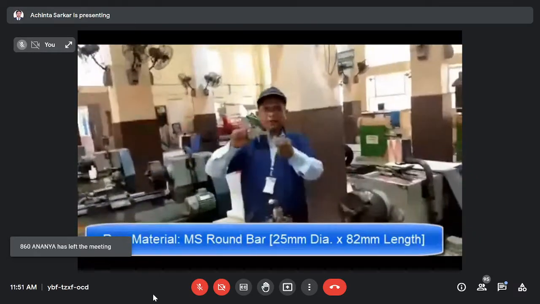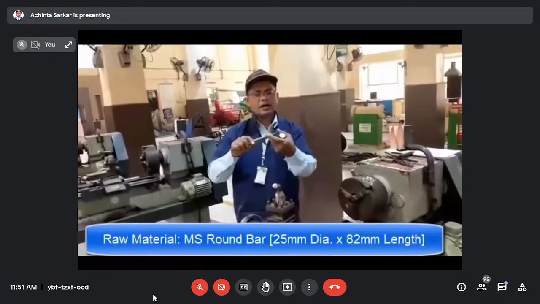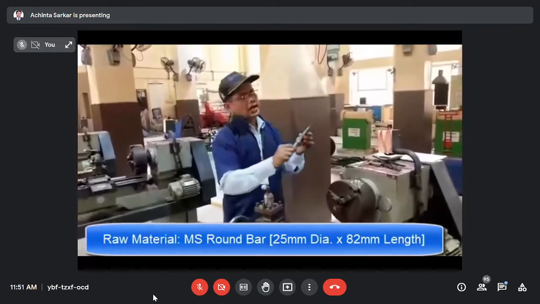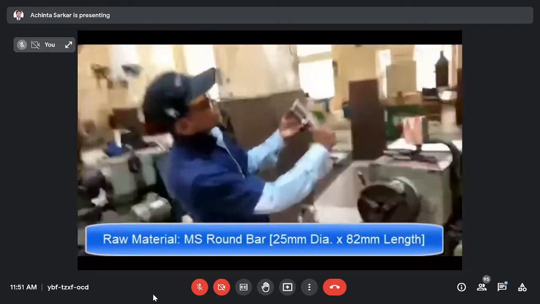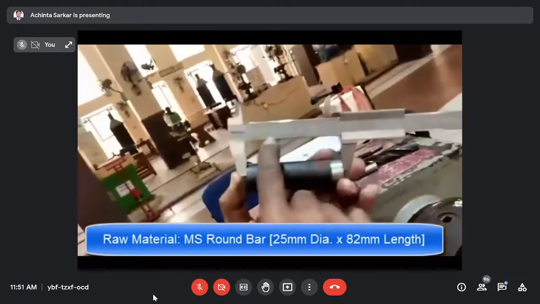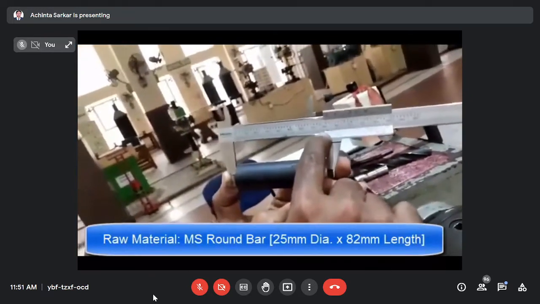This is a vernier caliper, and you know how to measure with the vernier caliper. This is the main scale, and this is the vernier scale. Here it reads 82.